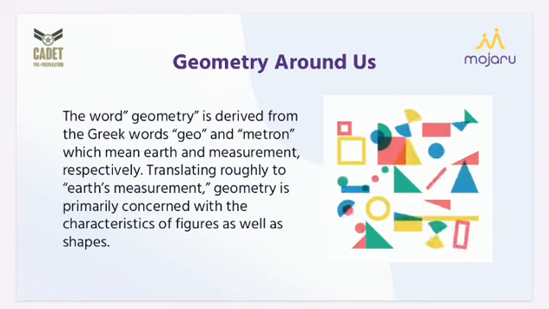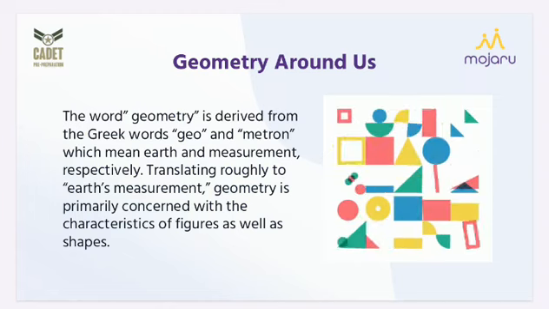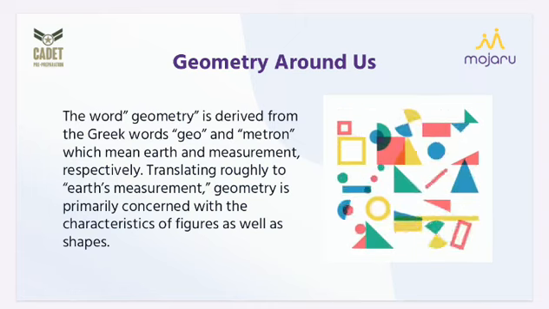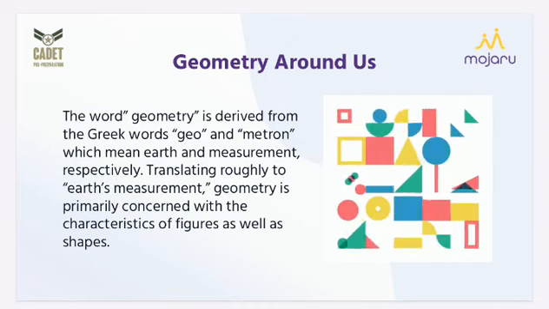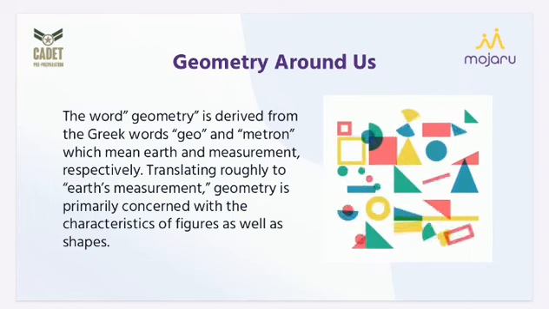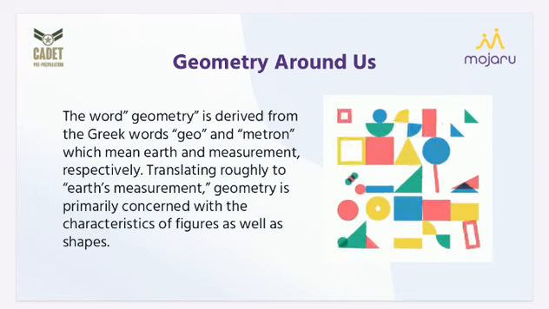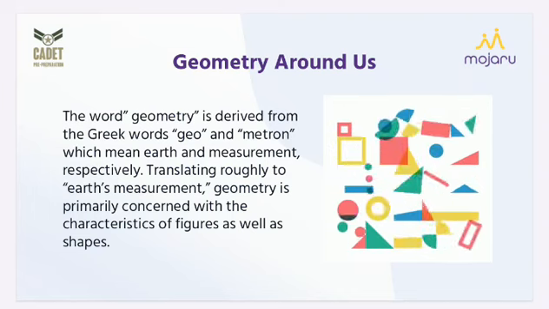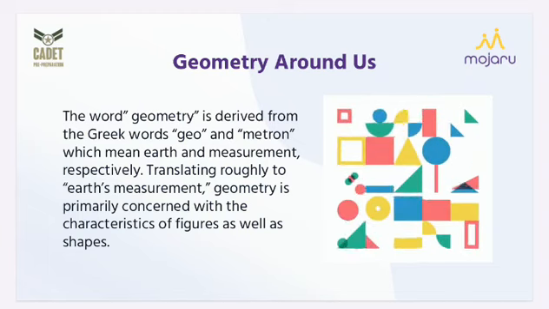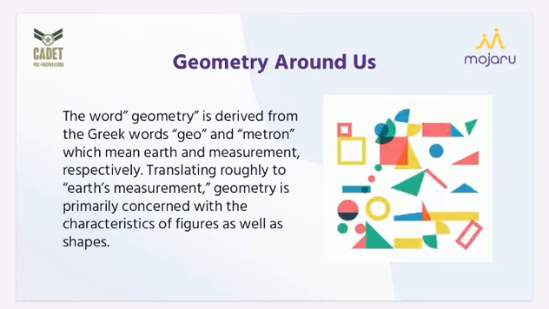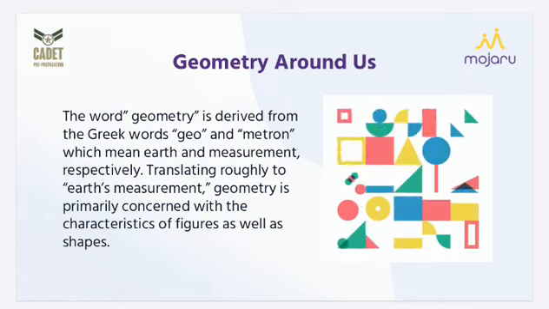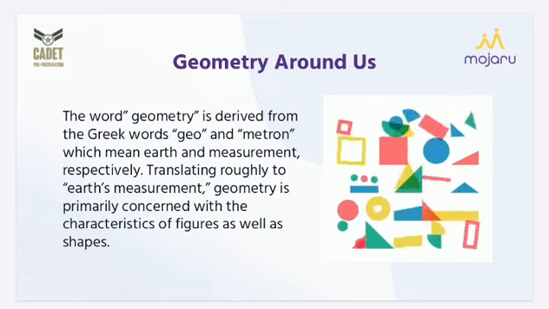Geometry around us. The word geometry is derived from the Greek words geo and metron, which mean earth and measurement respectively. Translating roughly to earth's measurement, geometry is primarily concerned with the characteristics of figures as well as shapes. In ancient times, especially in Greek civilization, people had to measure the ground.